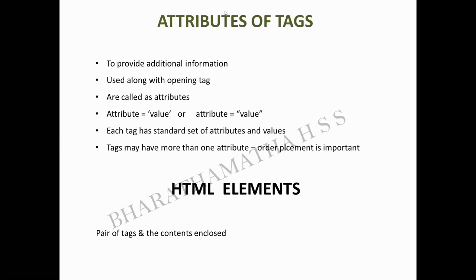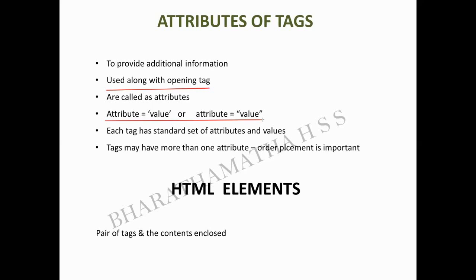You will be placing the attributes along with the opening tag. An attribute has a property and it has a value. Okay, it has an attribute and then a value.